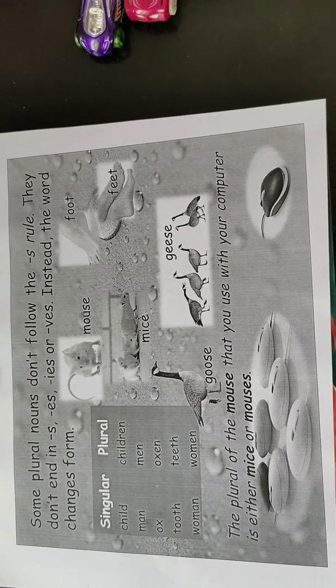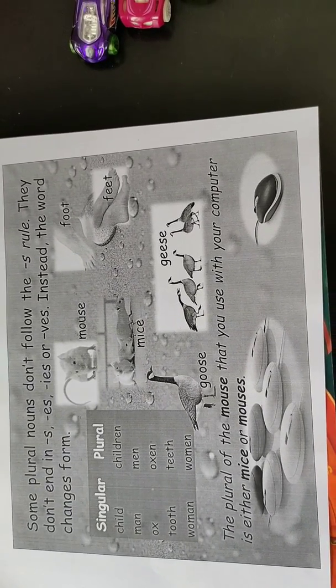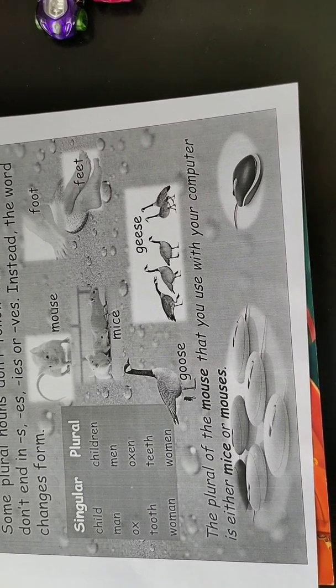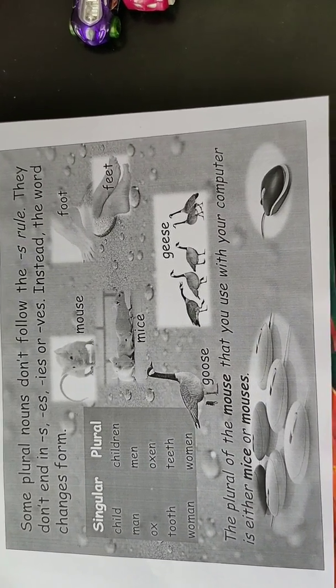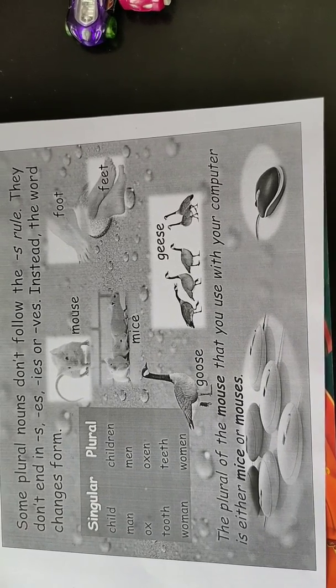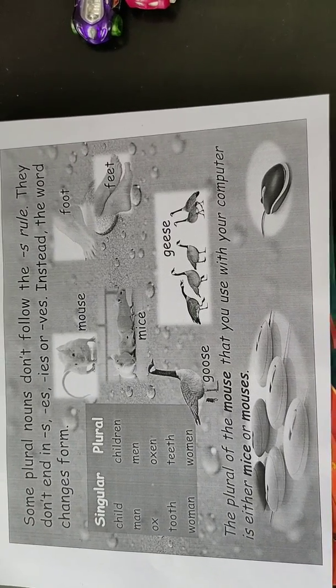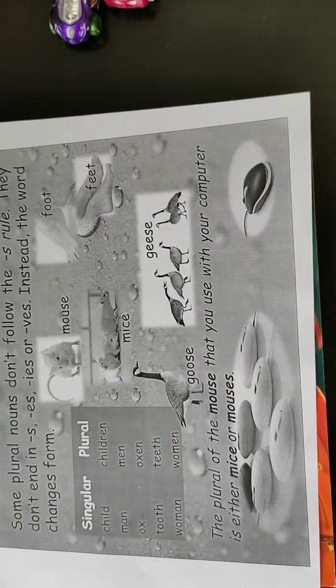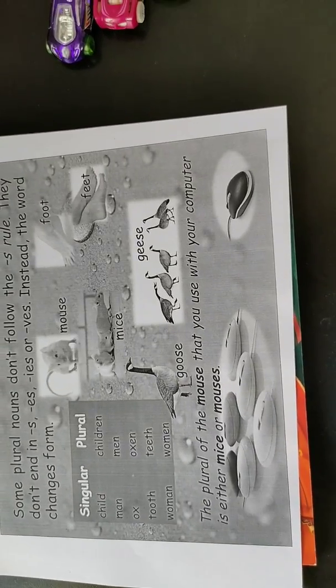Now there are some nouns that don't follow the rules that I just told you. They completely change. They don't take the S rule, they don't take the ES rule, IES, VES, nothing. They completely change their form.